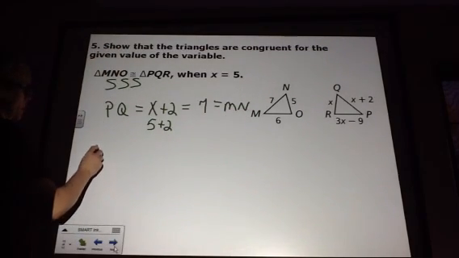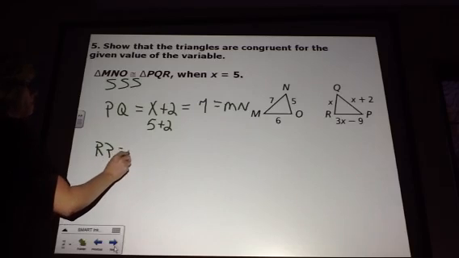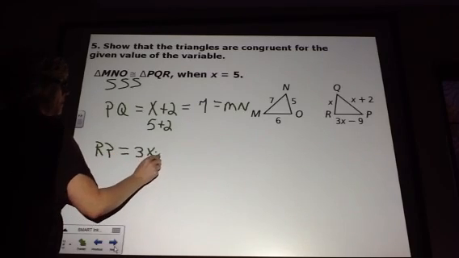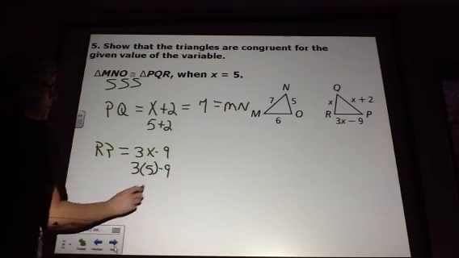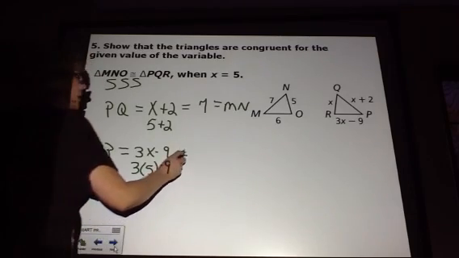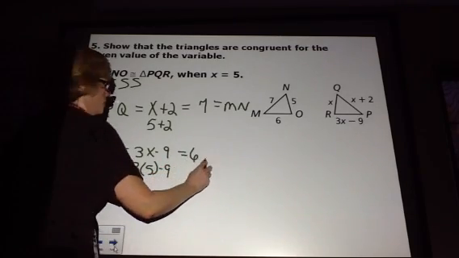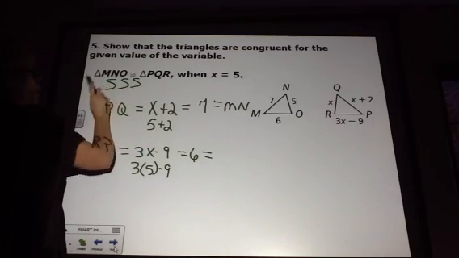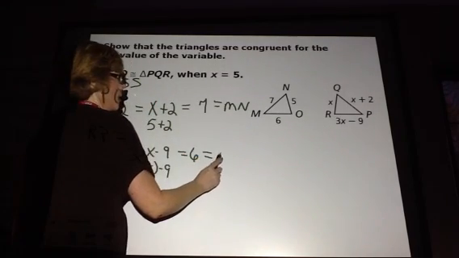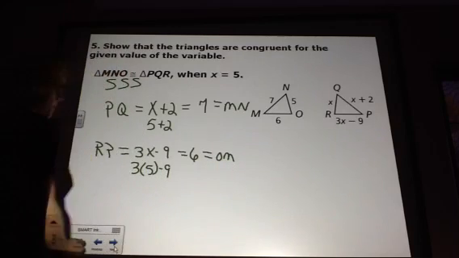All right. RP equals 3x minus 9. 3 times 5 minus 9, which is 6. RP is the same as OM. OM is also equal to 6.